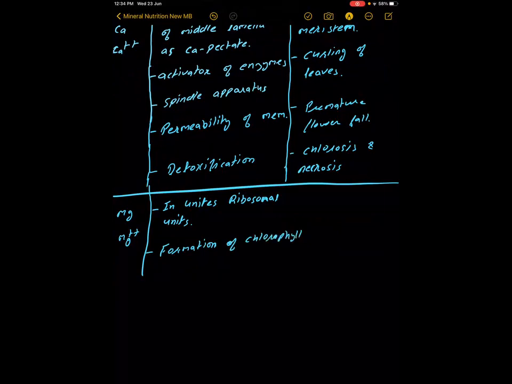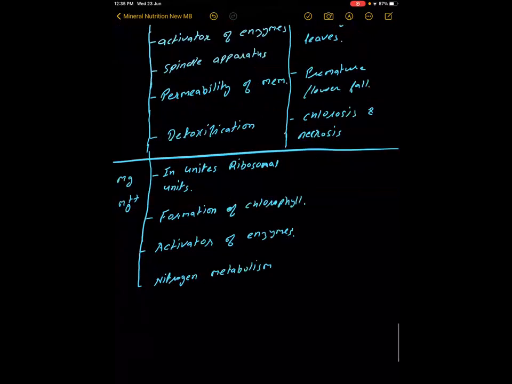Activator of enzymes in nitrogen metabolism.